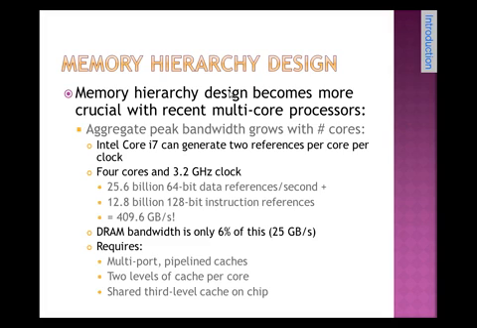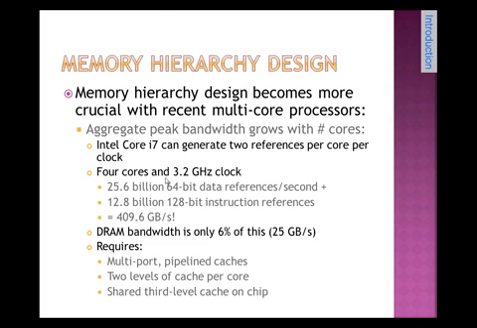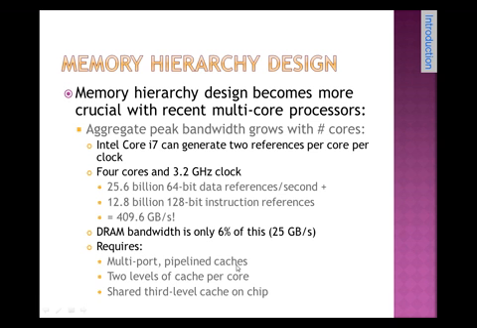With 4 cores and 3.2 gigahertz, that is the capacity. Dynamic RAM bandwidth is only 6% of this, that is 25 GB per second. So when we design the memory hierarchy, it also requires multiport pipelined cache.